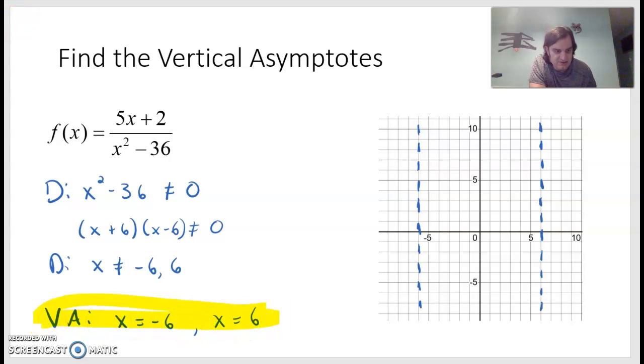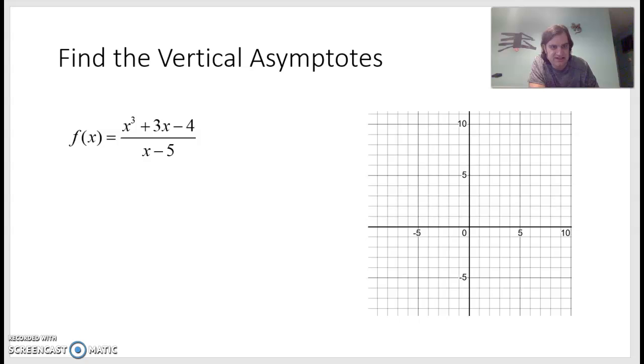Okay, so moving right along, the next example here. This one here, we're going to find the vertical asymptotes for numerator x cubed plus 3x minus 4 all over denominator x minus 5. So we'll look at the domain issues. X minus 5 cannot be 0 because that's the denominator, so the domain issue is x cannot be 5. So that leaves the vertical asymptote. There's only one of them here.